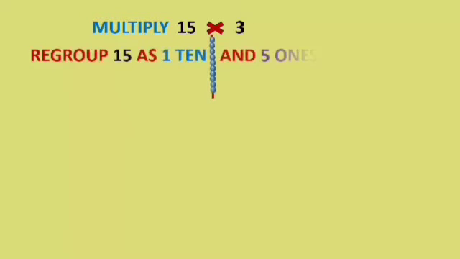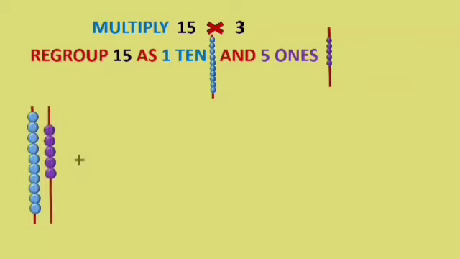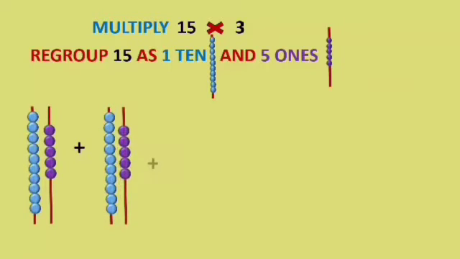Let us see this example. Multiply 15 into 3. Regroup 15 as 1 ten and 5 ones. 15 into 3, that is 3 times 15.